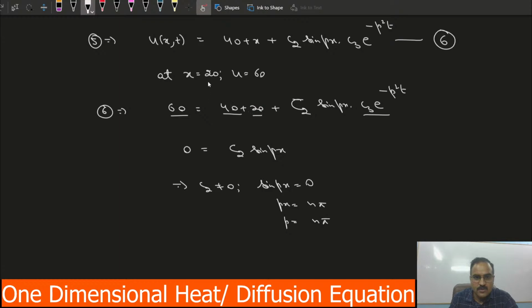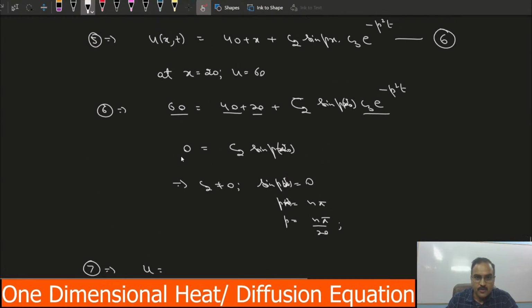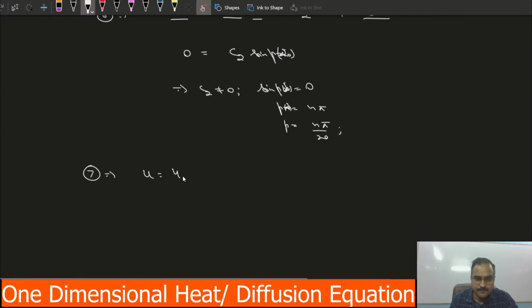Now x was 20, sorry. Yeah, it will be 20 over here. N pi by 20. Okay, substituting this value in equation number 7, you will be getting u is equal to 40 plus x plus c2 sine of n pi x by 20 into c3 e raised to power minus p square, so it will be n square pi square over 400 into t.